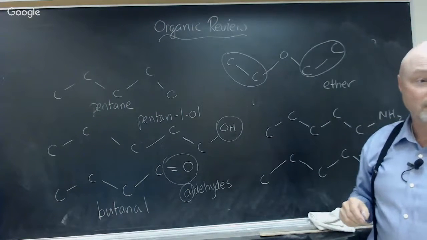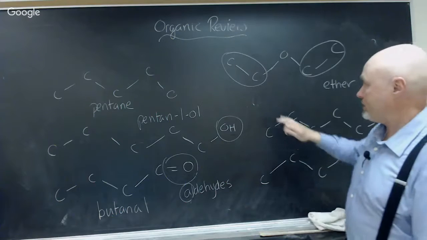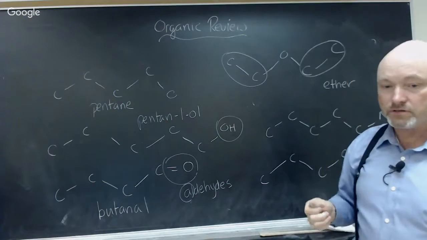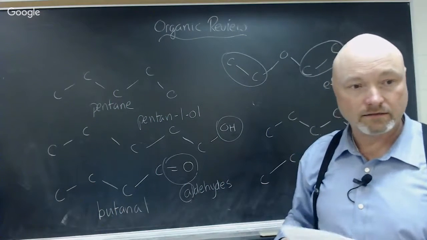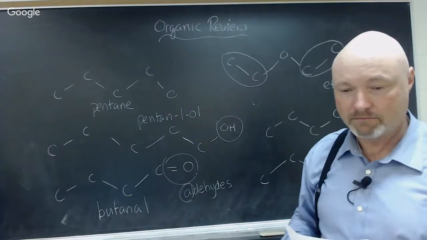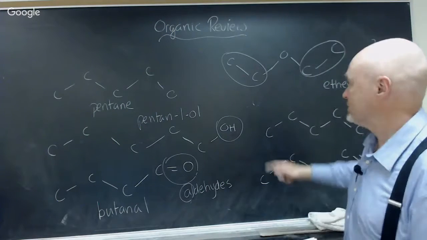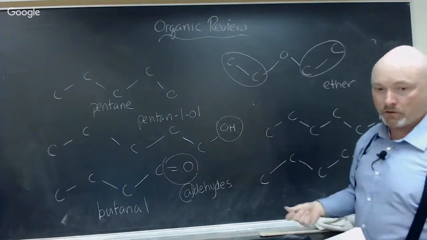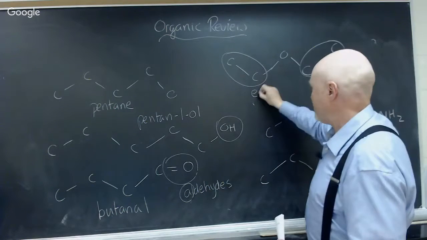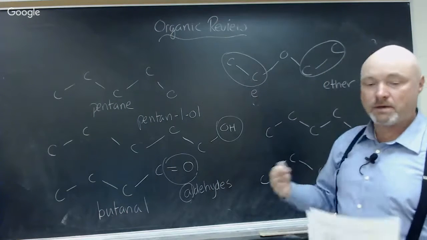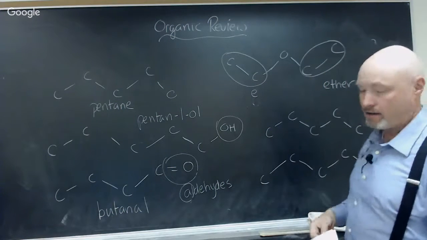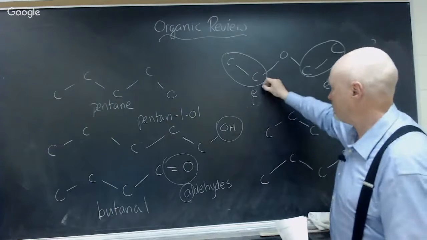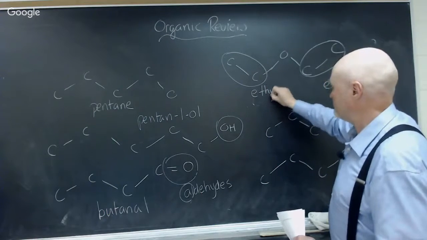So that's a 4-carbon backbone? Yeah, now we have ethers. This is the one with the oxygen in the middle, right? Yeah. So we actually look at the two backbones. If it's a 2-carbon backbone, it'd be an ethane.